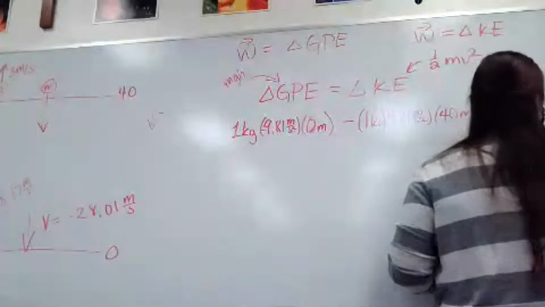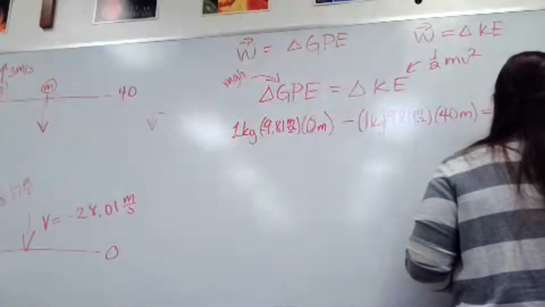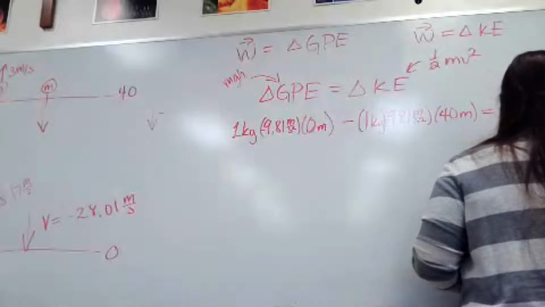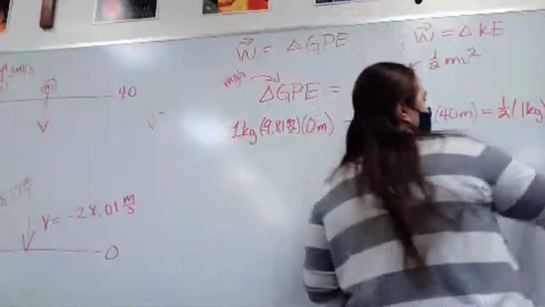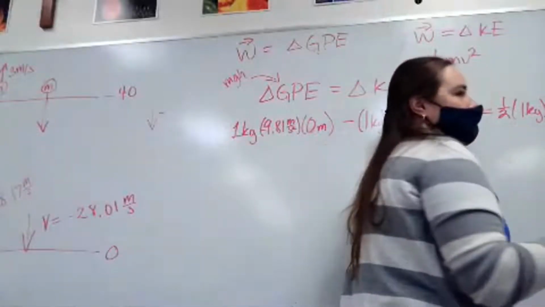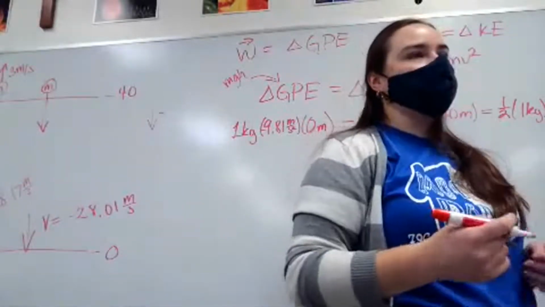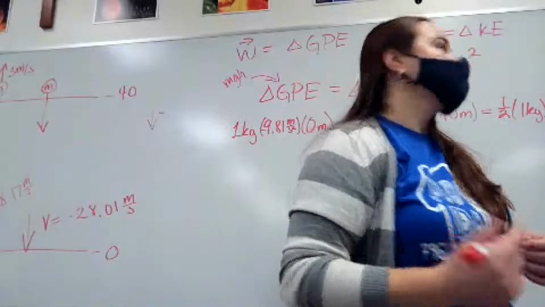Not plus. Minus 1/2 our mass in kilograms times our initial velocity. So what's our initial velocity? 3.